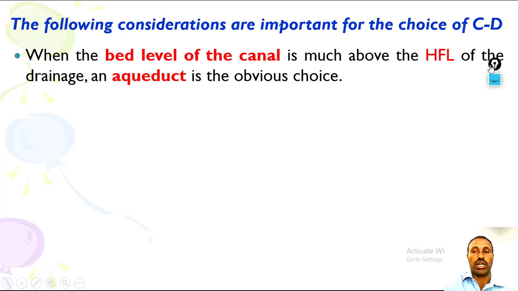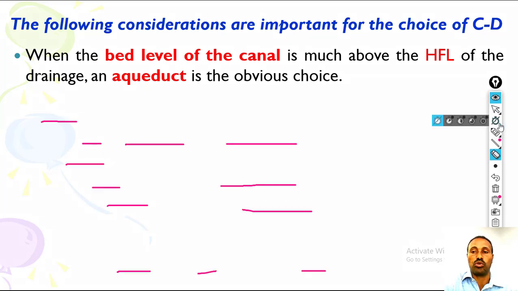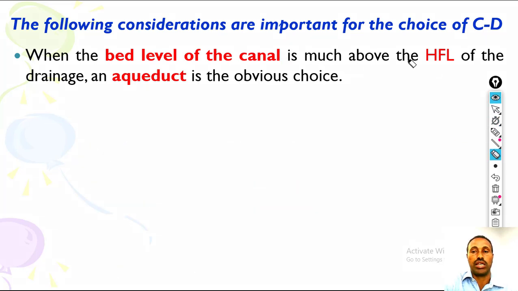The following considerations are important for the choice of CD for cross drainage. When the bed level of the canal is much above the highest level of drainage, an aqueduct is the obvious choice. So you will construct an aqueduct if the bed level of the canal is much higher than the highest level of the drainage. The canal should be higher than the highest level of the drainage.